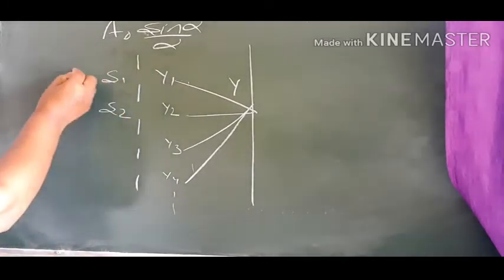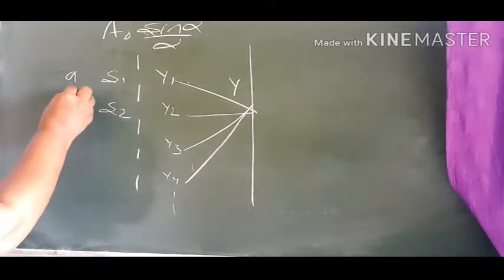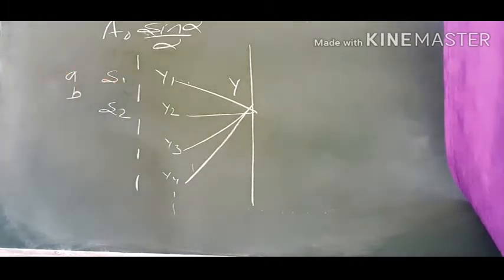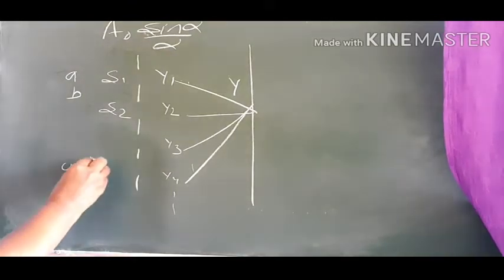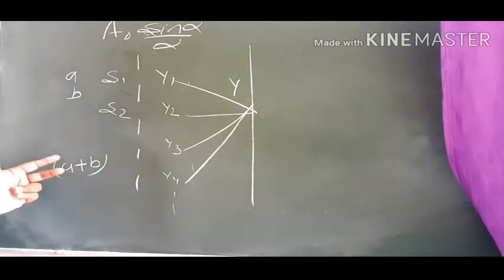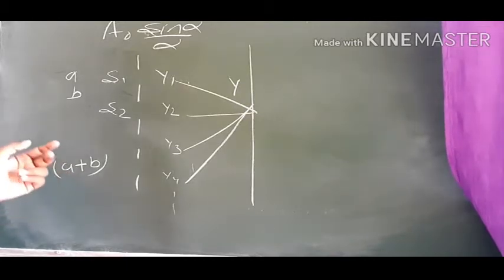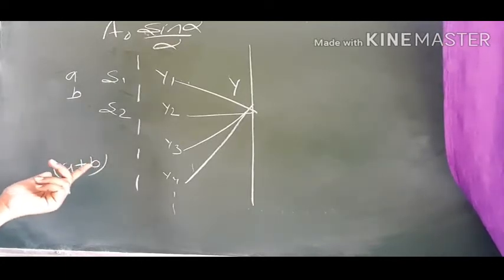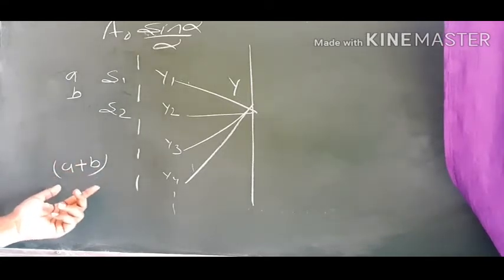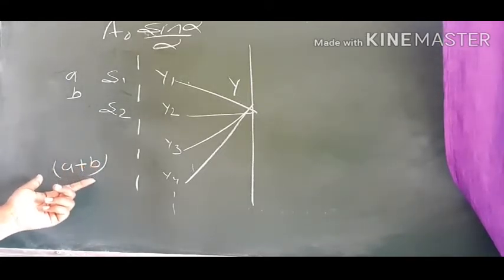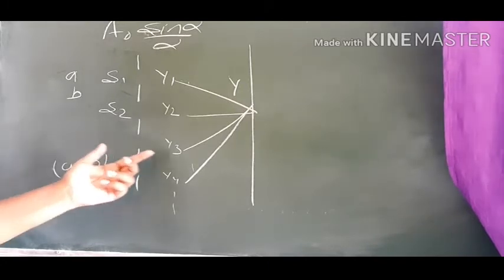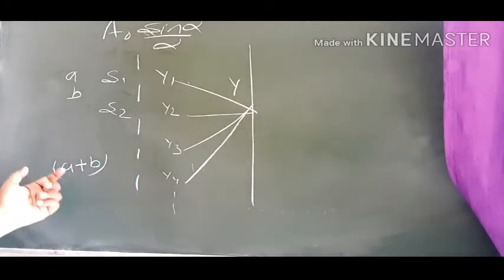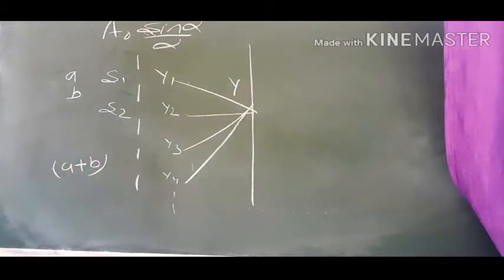Suppose small a is the width of the slit and small b is the separation between two slits. Any two points having a separation of a plus b are known as corresponding points. As in the case of double slit, the two rays coming from the corresponding points interfere. The fringe is due to interference.